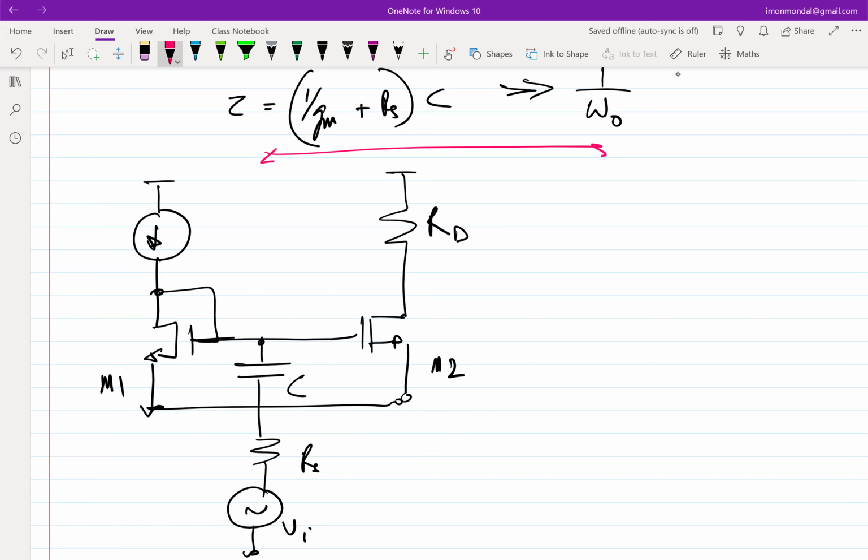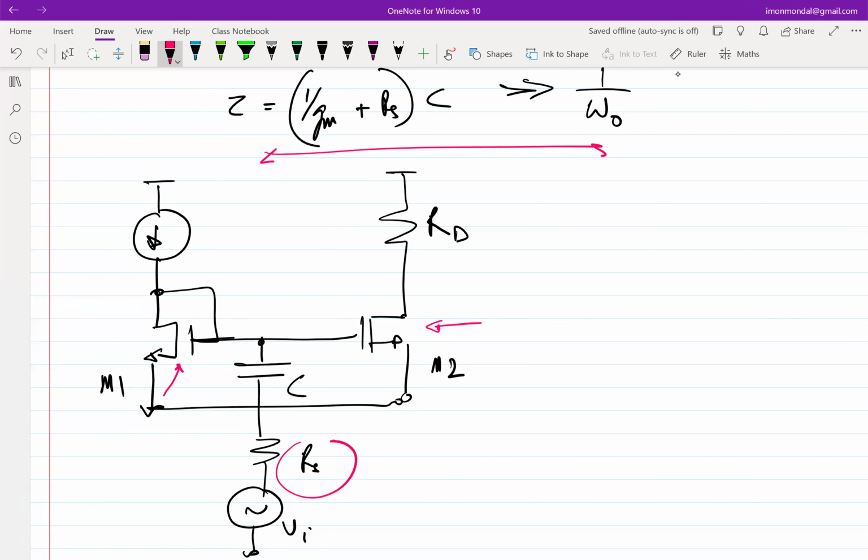But the issue is the value of Rs is not in your control, right? It comes with the source. You might argue that the value of gm is in your control. To some extent it is, but if you change this, gm is also going to change, because M1 and M2 are identical. So you would like to have a sort of independent control of either of them. Okay, so one might argue that gm is a function of W over L.